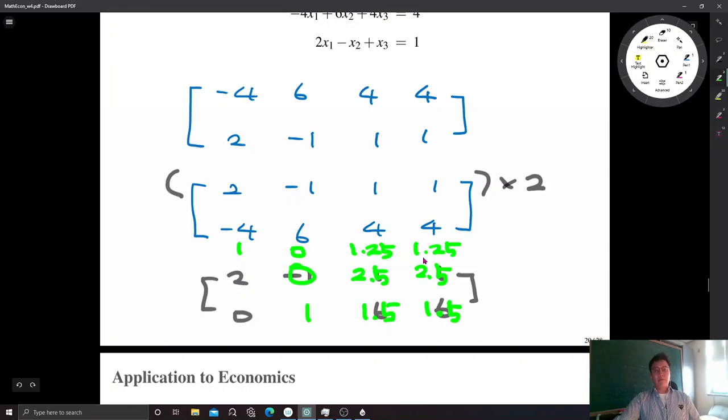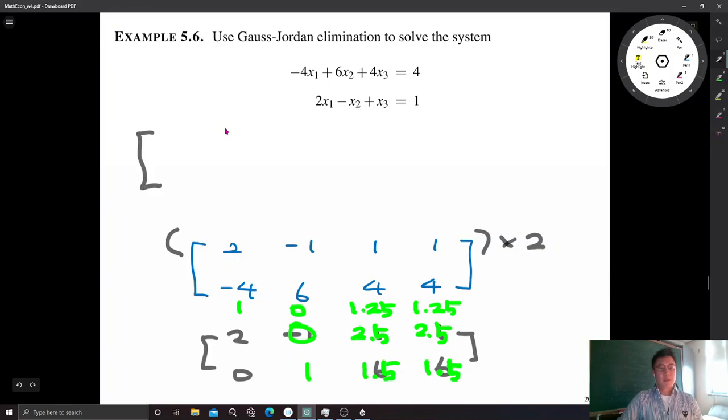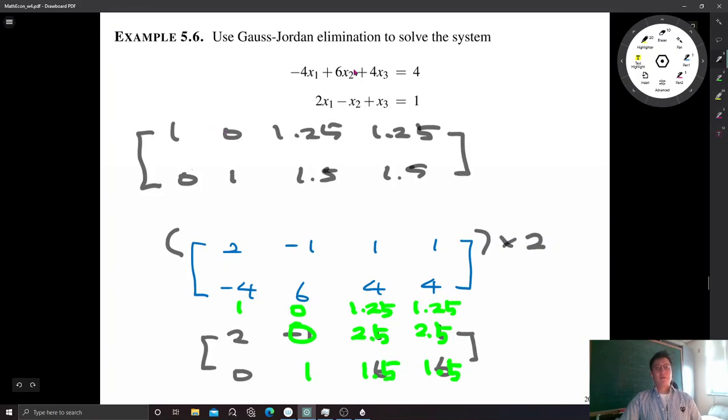And the way to read this matrix, let me delete this and rewrite that reduced form: 1, 0, 1.25, 1.25, and 0, 1, 1.5, and 1.5. Because we have 3 variables, from x1 to x3.